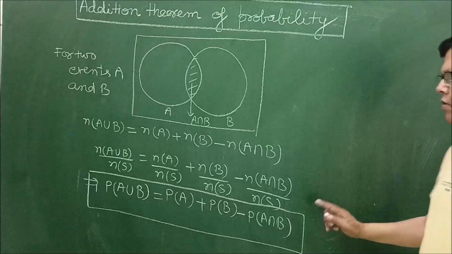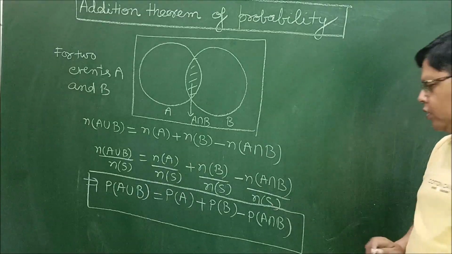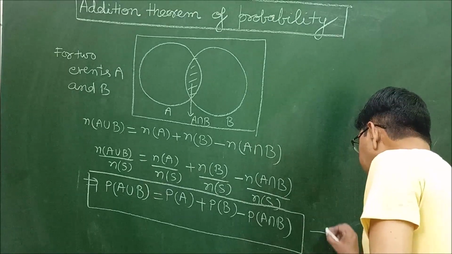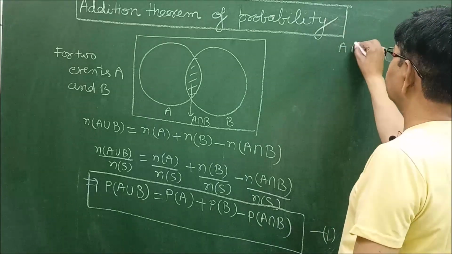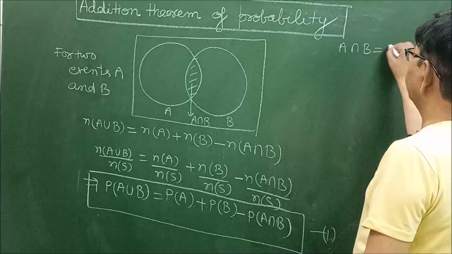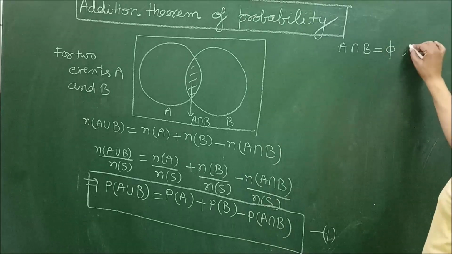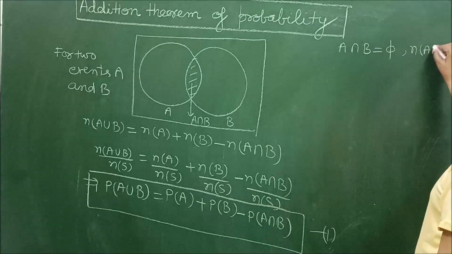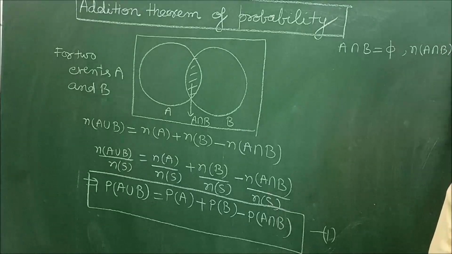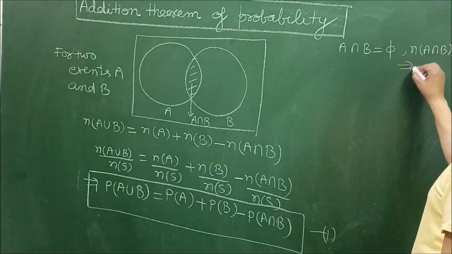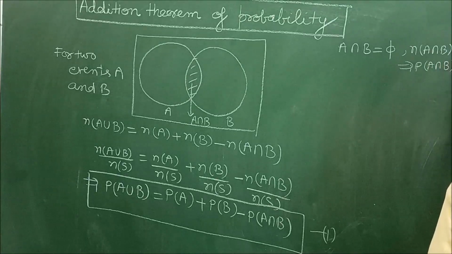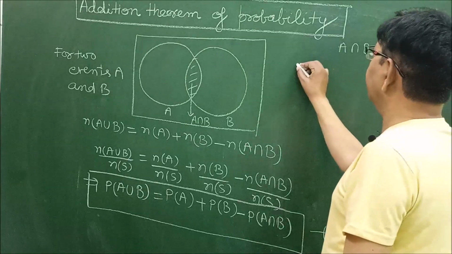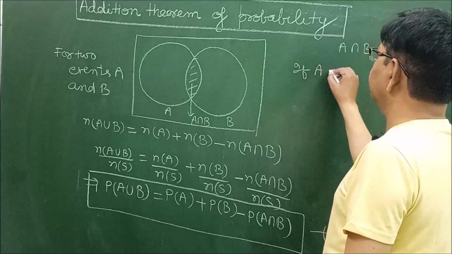If these two events A and B are mutually exclusive, in that case A intersection B is equal to phi, or the number of elements in A intersection B is equal to 0, or we can say the probability of A intersection B is equal to 0.